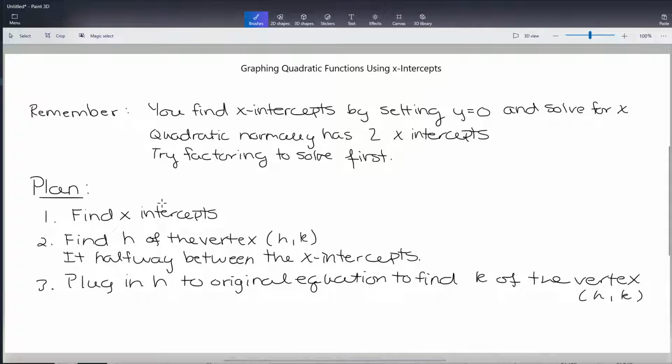And the last thing we're going to do is actually graph.